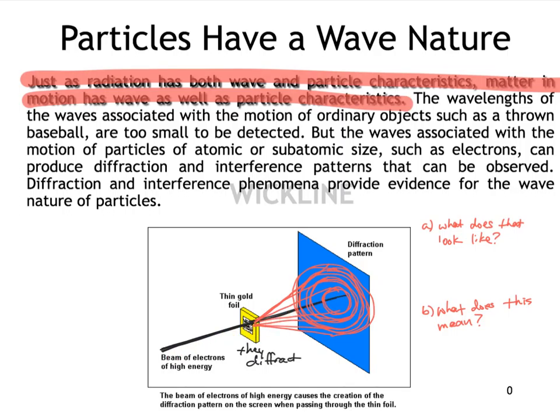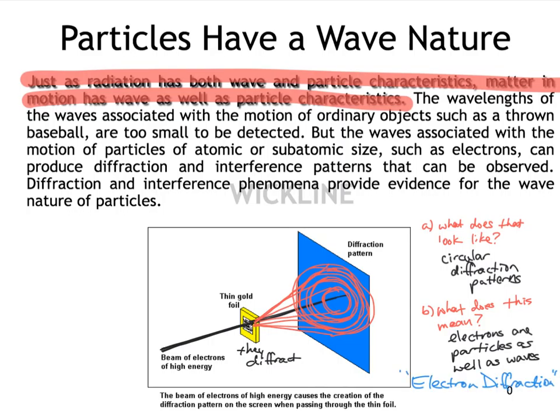They wouldn't bend and move in circles around the screen. So that's what waves do. And of course, the reason why this is important and what this means is that not only are electrons particles, but they are also waves, and that they have wave properties. And so if you are ever asked to provide evidence why particles have a wave nature, please, by all means, use electron diffraction as an example.